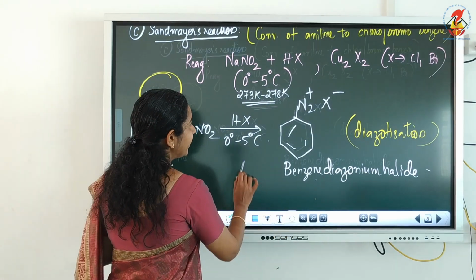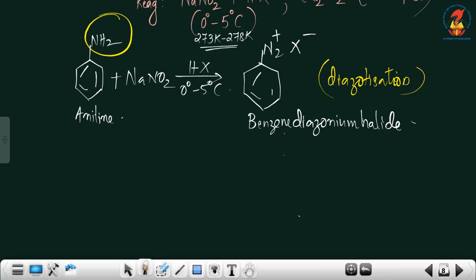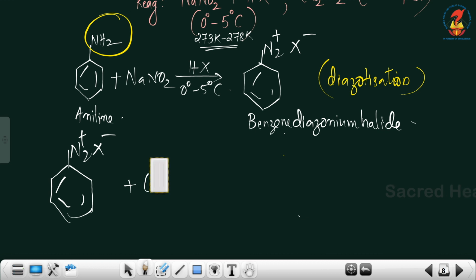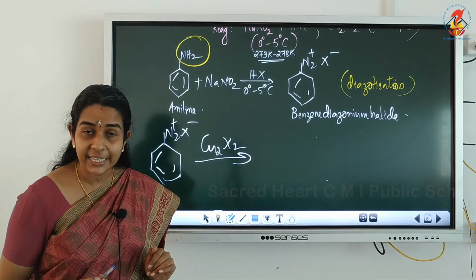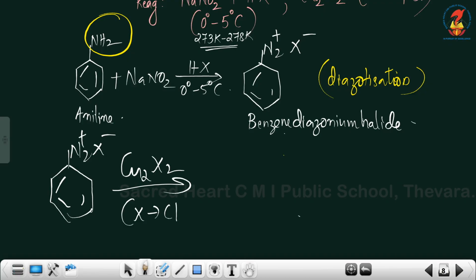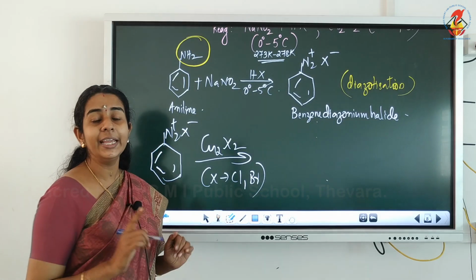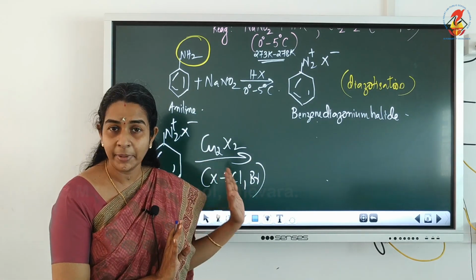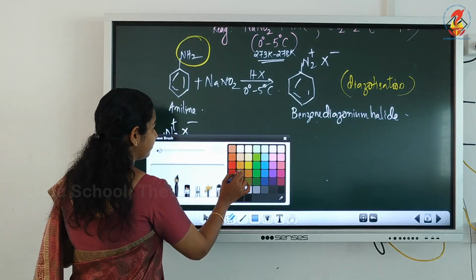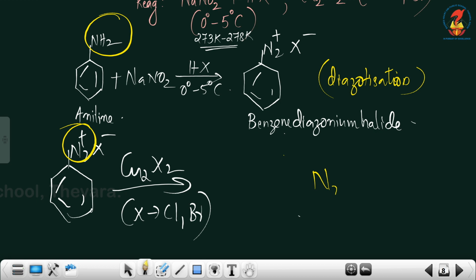Now, in the next step, the benzene diazonium halide, N2+ X-, we have to treat with Cu2X2. What is Cu2X2 known as? Cuprous halides, where X can be only chlorine or bromine, because only chlorine or bromine we can prepare using Sandmeyer's reaction. So the N2+ will go as nitrogen gas, and we will be getting halobenzene.